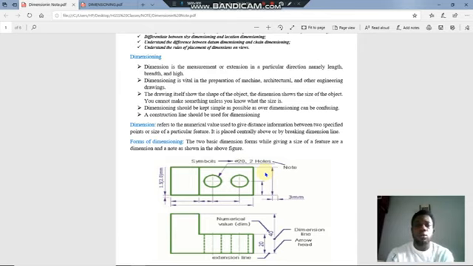So the two forms are the dimension, which is the figure with numerical values, and the note, which is the word, with letters.